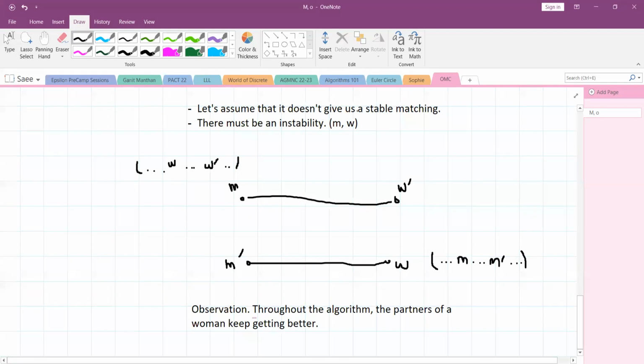M proposes to the highest preference he hasn't proposed to yet, which means M will always propose to somebody more preferred before he proposes to somebody further down his list. So M must have proposed to W at some point, right? Before he proposed to W prime, right?